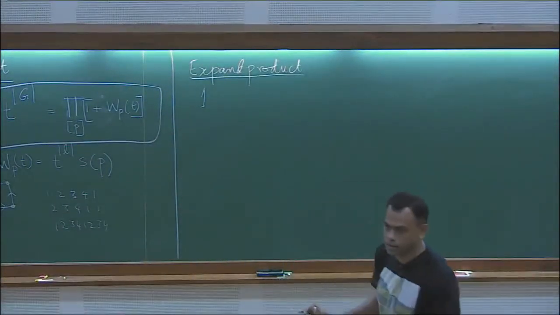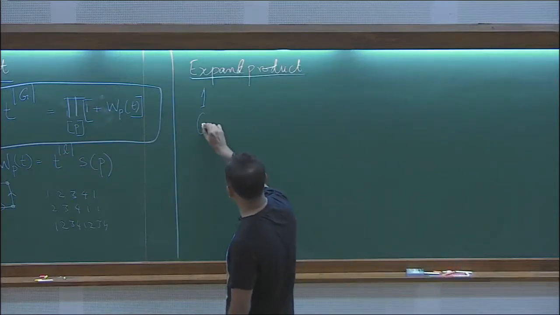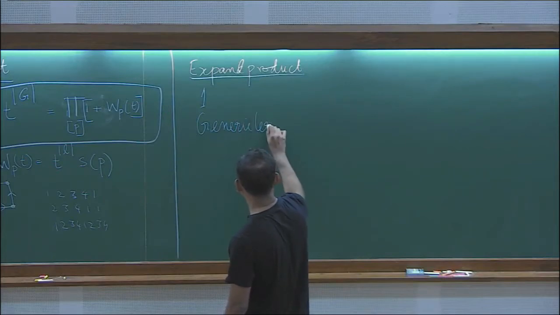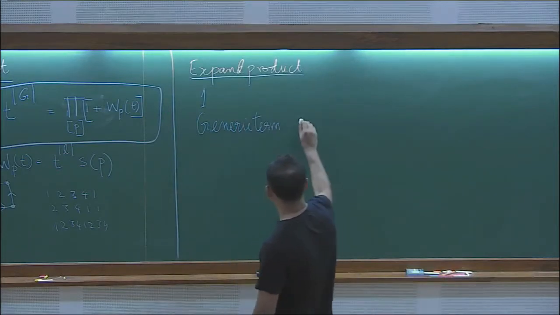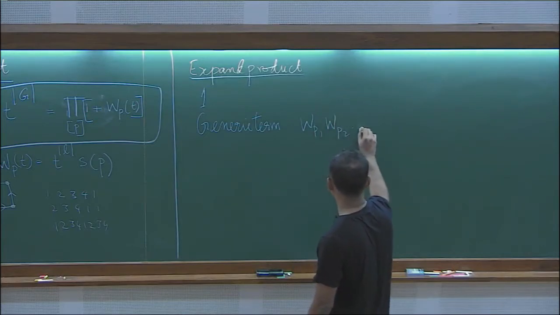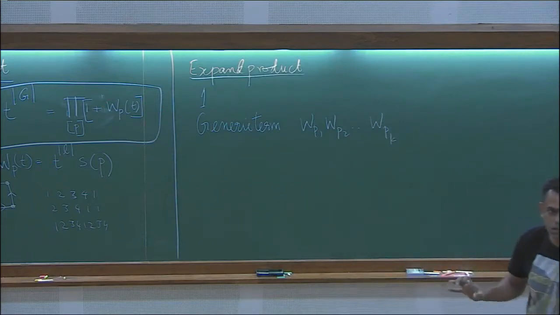Now let us look at a generic term in this expansion. A generic term is W_P1, W_P2, ... W_PK. So these are different walks, and you're taking the product of them.